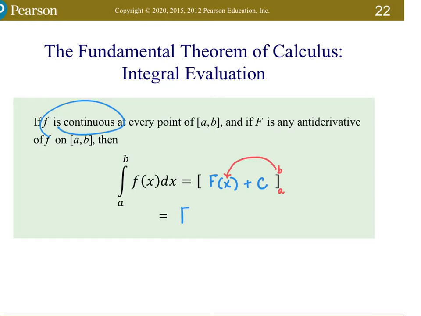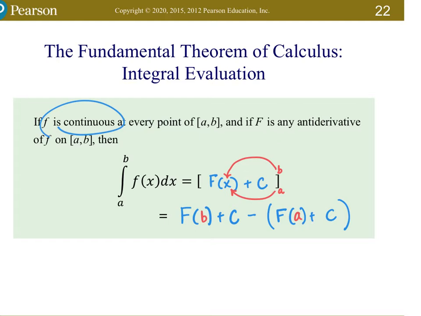So we'll have the antiderivative, and we'll plug b into that, and we'll have plus c. Then we subtract, and you put parentheses, and then we have F, and then we drop the a bound in second, plus c, and then you end your parentheses.